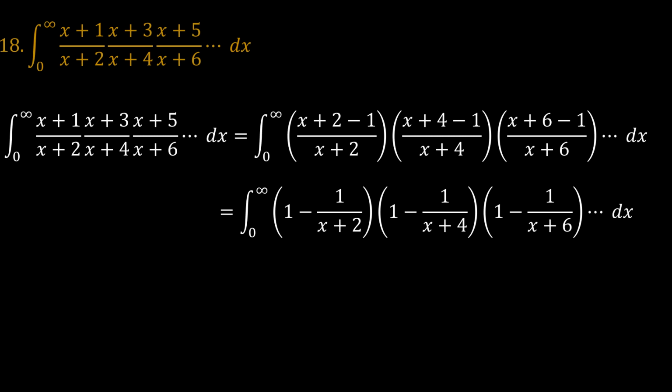so on to infinity. Now as you realize, each term here is less than 1, especially for x values that span above 0 to infinity, so for positive values of x. Now what that means is that when you're multiplying a fraction which is less than 1 many times to infinity, this value really just tends to 0.